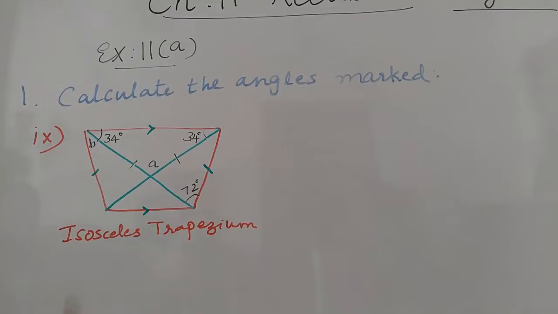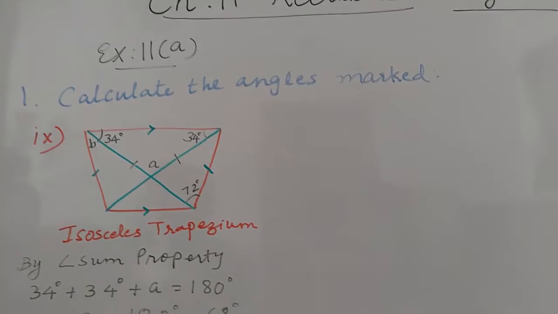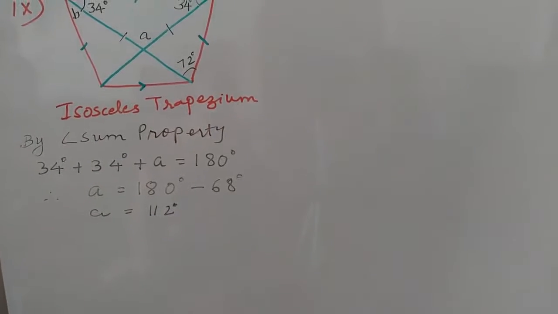So we can write in this triangle by angle sum property, 34 degree plus 34 degree plus A is equal to 180 degree. Therefore, A is equal to 180 degree minus 68, that is equal to 112 degree. So our A answer here found by calculation as 112 degree.